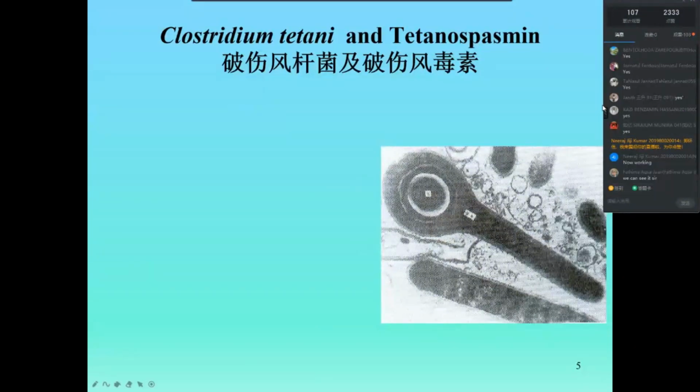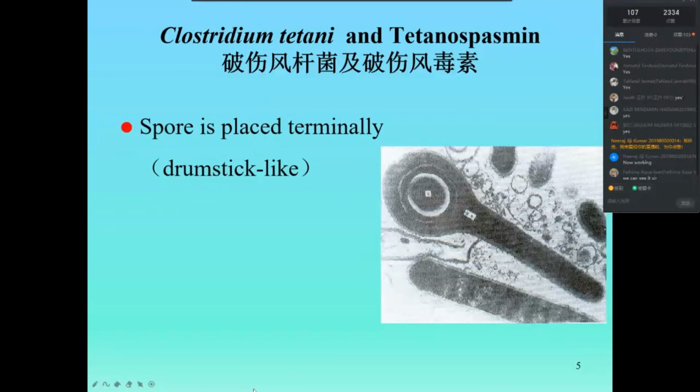The first pathogen in this genus we are introducing is Clostridium tetani. This is one pathogen which can produce a toxin called tetanospasmin. It's a very strong and toxic toxin. Tetani is spore forming, as we introduced.